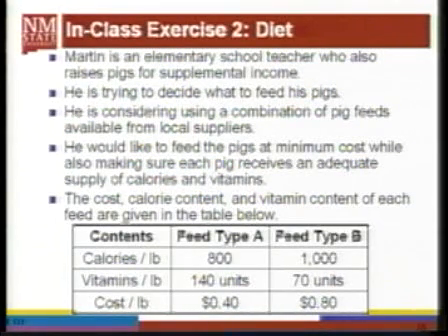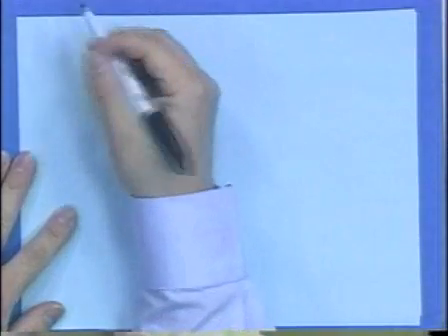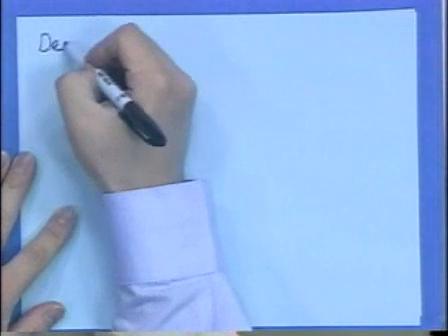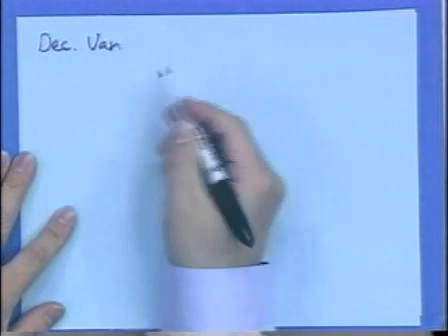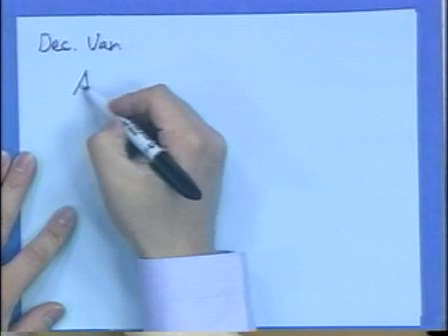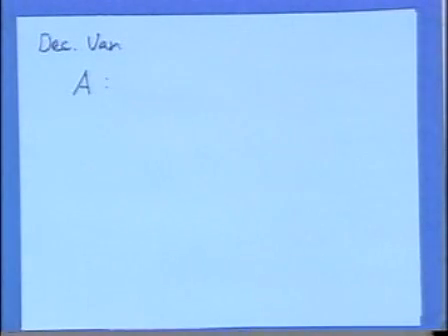Okay. So again, first of all, we need to define the decision variables, right? So how many decision variables do we need? Again, 2, right? So let's say A represents the quantity of feed type A, okay?